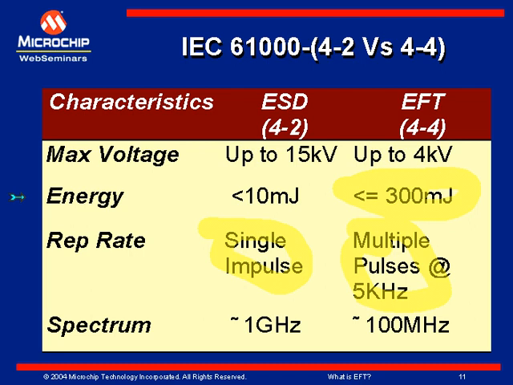Now the spectrum: an ESD event has a rise time of 0.7 to 1 nanosecond. That results in a spectrum of almost 1 gigahertz, while EFT has a rise time of about 5 nanoseconds, and that tends to result in a spectrum of 100 to 200 megahertz.